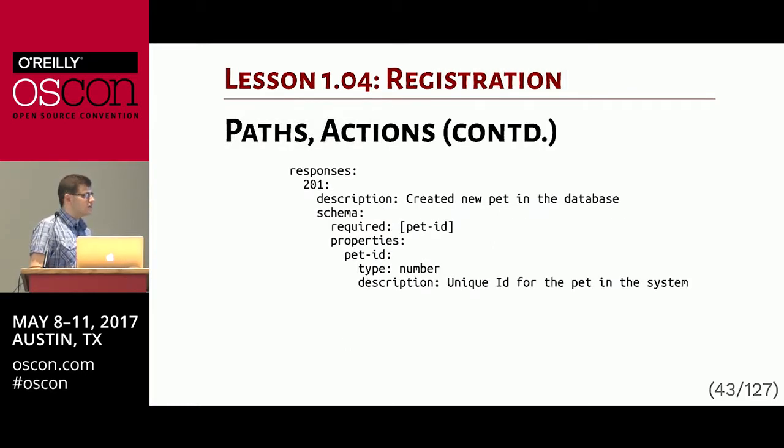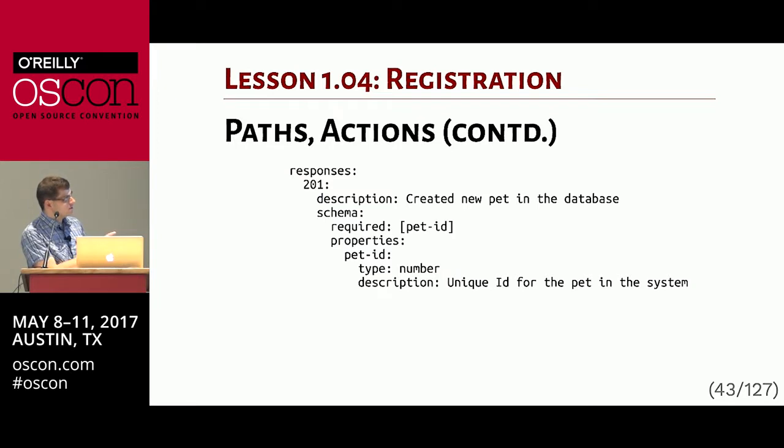If we continue looking at our action here, we also define a more complex response now. With the 201 response code, we're seeing, as we saw before, the description. But now we also see that the response actually returns back the path ID. And the path ID is basically a number.